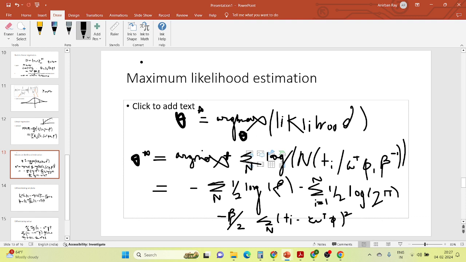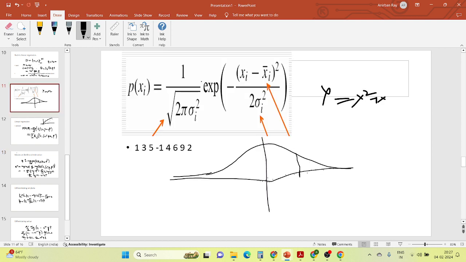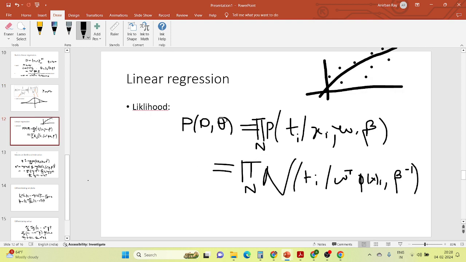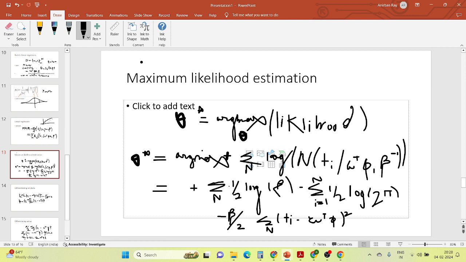I hope you're able to understand. This will be plus. The first term will become beta i square by 2 pi, because I'm not taking beta i by 2 pi under root as a whole. The root of beta becomes a half that comes forward, giving half log beta and negative half log 2 pi.